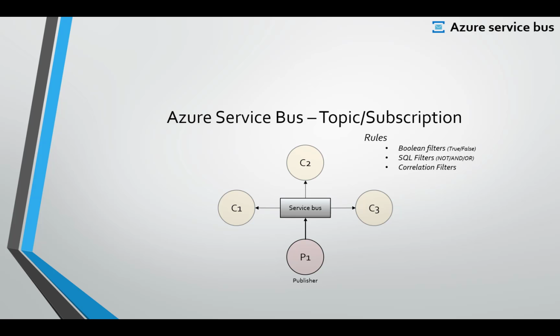So let's imagine that publisher 1 publishes a message with an order of $400 total amount, and the service bus receives it. That message will be sent only to consumer 2 and consumer 3, since consumer 1 in this case wants only orders above $500.